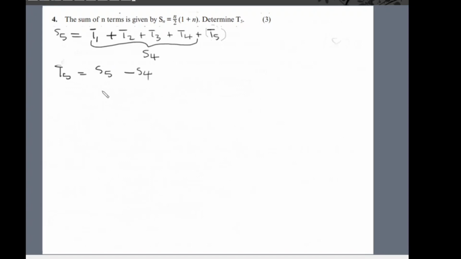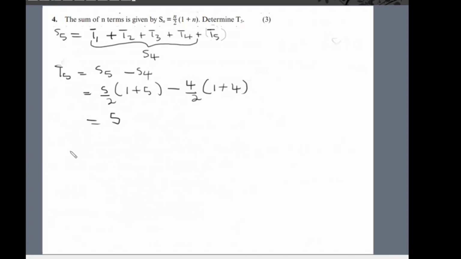Okay, so to get S5 you substitute 5 in that formula for Sn. So where there's n you put 5, and you get 5 divided by 2, 1 plus 5. And for S4, where there's n you put 4, 4 divided by 2, 1 plus 4, right? And then when you substitute this in your calculator, you will find that it's 5. So T5 is equal to 5.